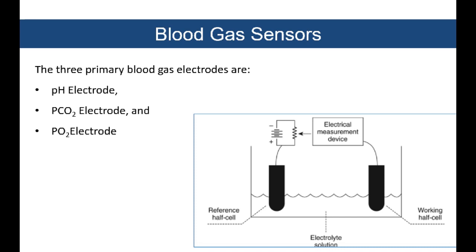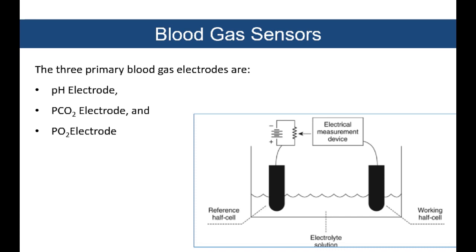In the diagram we can clearly see two charcoal colored cells. The first is the reference half cell, and the other is the working half cell.